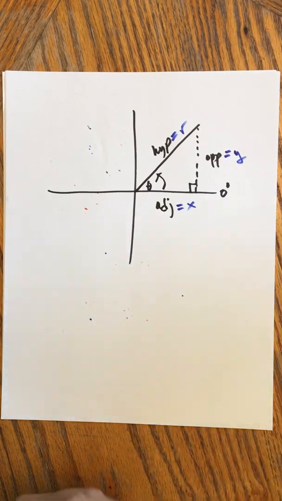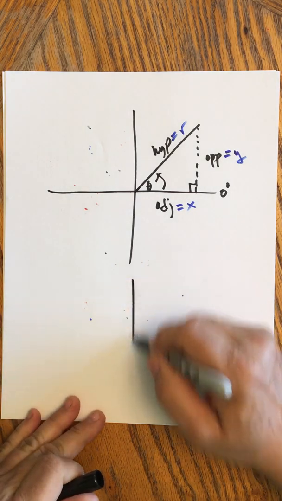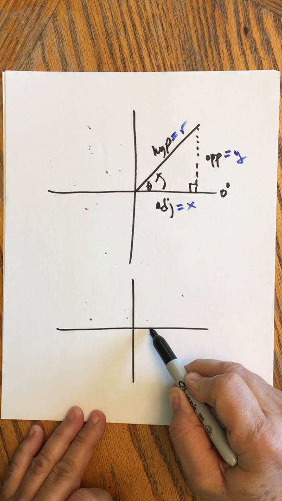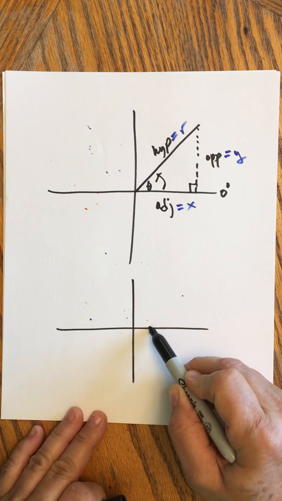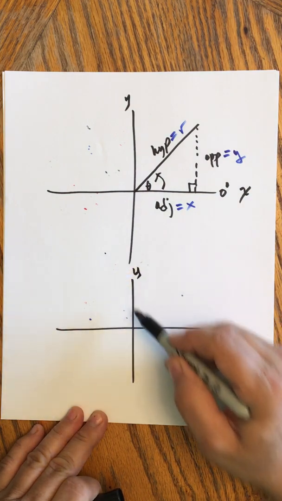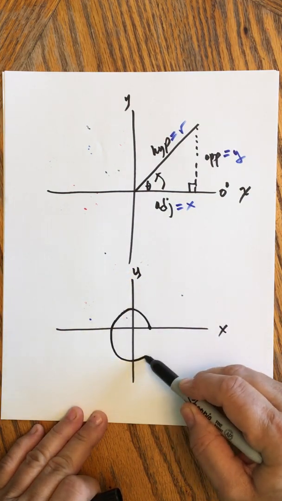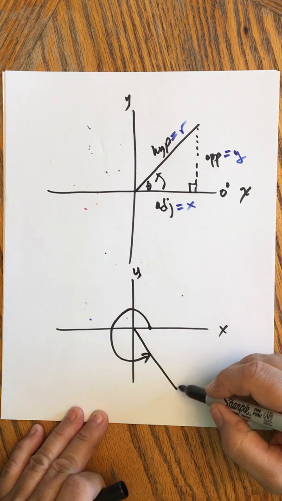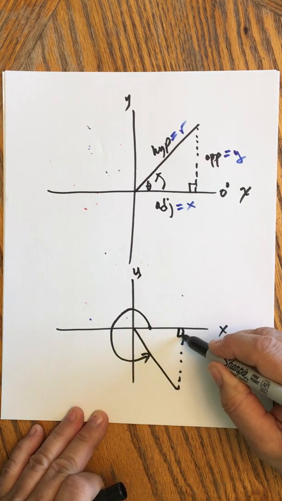So I'll do this, for example, in quadrant 4, just so you can see it. Suppose I start here at 0 degrees, in standard position. By the way, this is your x-axis and your y-axis. And let's say I rotate all the way out to quadrant 4. Here's my terminal side. I drop my perpendicular to the x-axis.